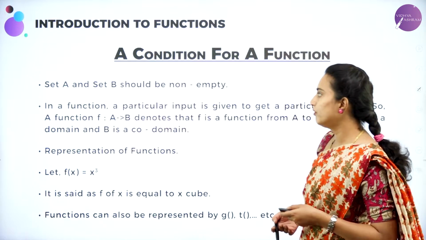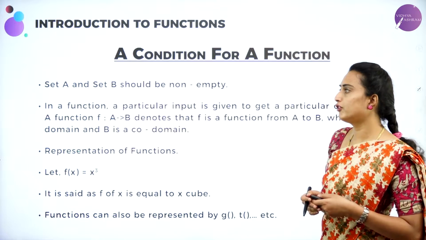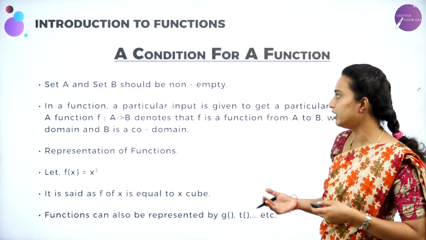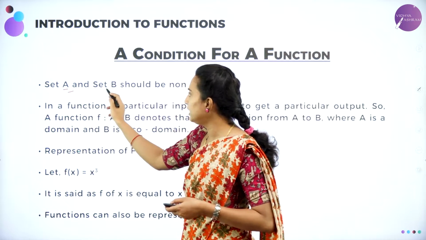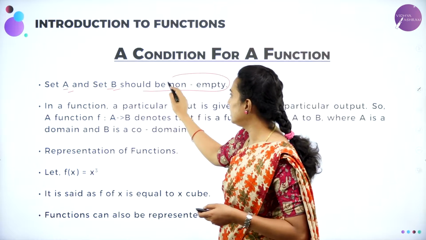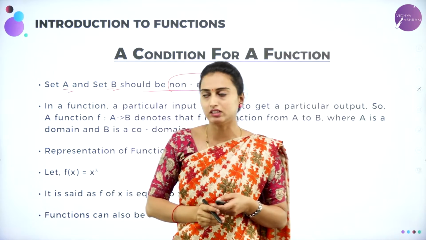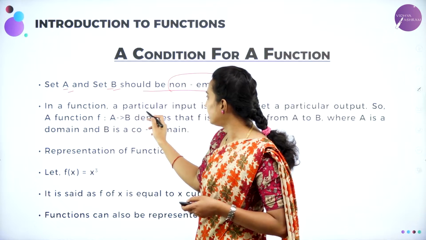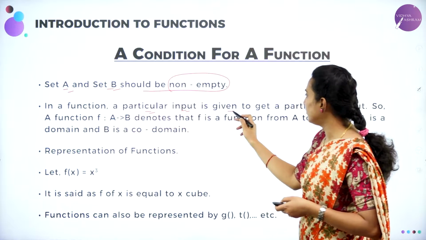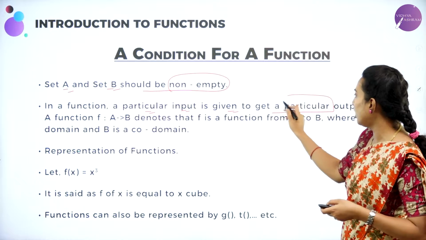So next we'll be moving on to the conditions for a function. What conditions do we need? The sets A and B should be non-empty. Okay, non-empty means there must be at least one element present. And in a function, particularly, an input is given to get a particular output.